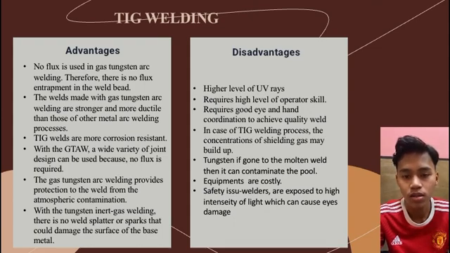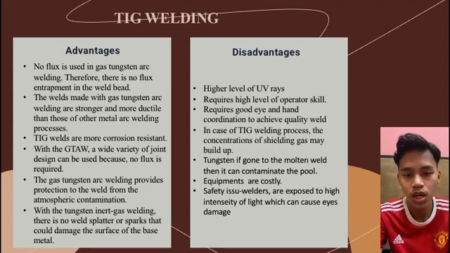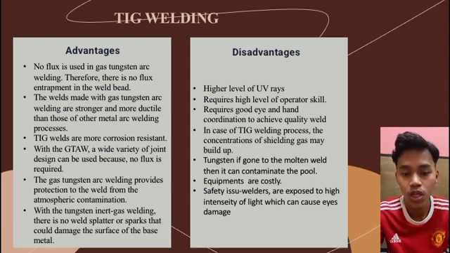Now the disadvantages. Number 1, relatively slower welding speed than other welding processes. Number 2, it has lower filler metal deposition rates. Number 3, higher level of UV rays. Number 4, it requires a high level of operator skill. Number 5, it requires good eye and hand coordination to achieve a quality weld.